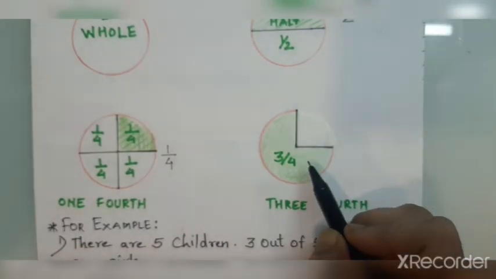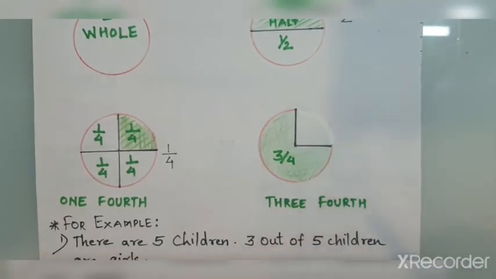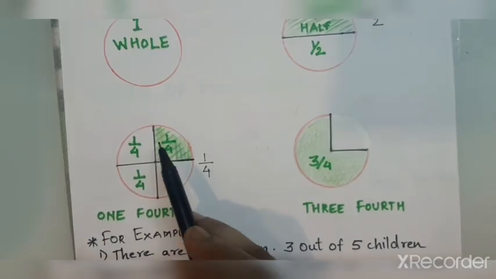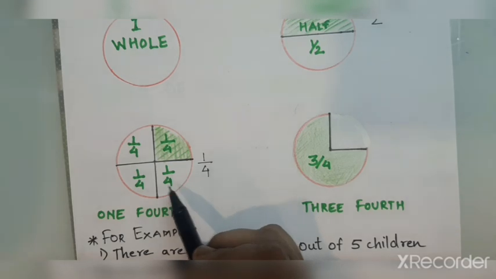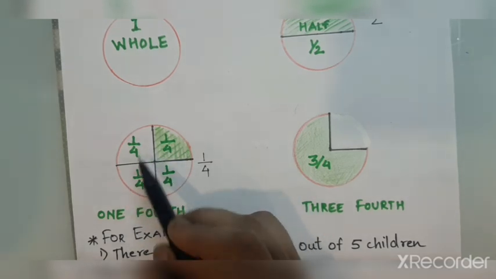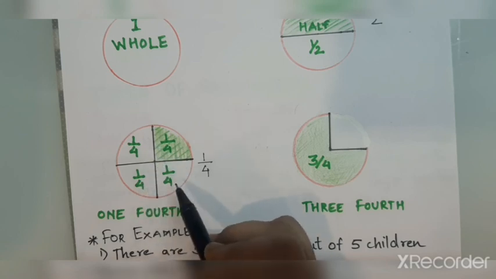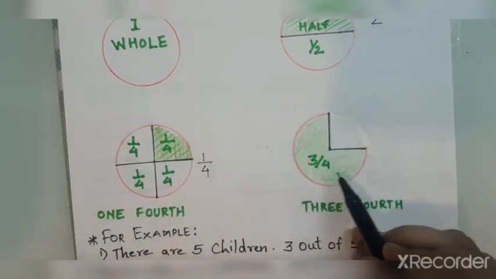And the next is 3/4. What is 3/4? Now the same circle which we had divided into 4 parts, if we take 3 parts out of this, which you can see in white color here, which are not shaded. So here I have drawn the same thing. So these are actually the 3 parts.